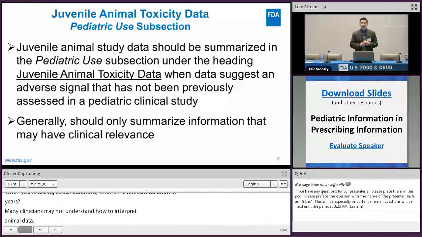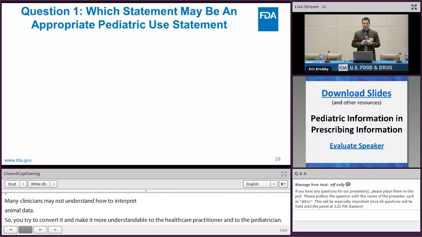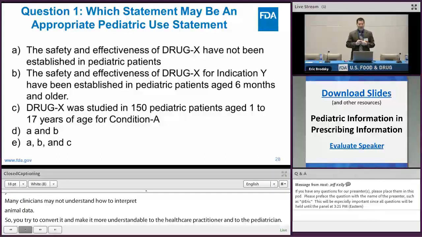Okay, so challenge question number 1. Which statement may be an appropriate pediatric use statement? And I'll let you read that. A, B, C, D, E. Folks want to shout out the answer?